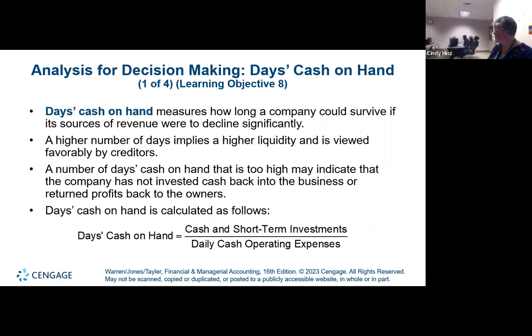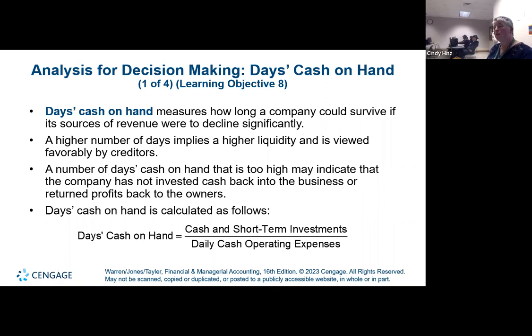And I actually already just talked about what we mean by a short-term investment. It's not exactly the same as cash equivalents, don't get me wrong, but short-term investments are things that are going to turn back into cash within 1 year. And so we assume that those are available to spend to pay our bills, to keep us afloat. And then we divide that by our daily cash operating expenses.